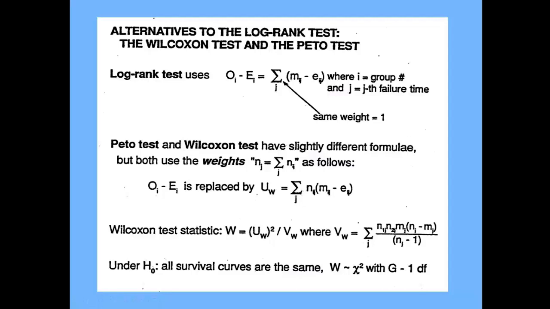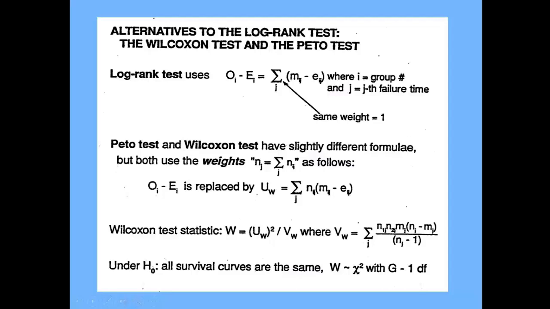If you're doing a survival study, what happens with the risk set? It starts large and it gets smaller, right? So early on, the number in the risk set is larger than it is later on. So if you're going to compute a test statistic where you emphasize the number in the risk set and the difference between observed minus expected, then you're giving more weight to the earlier part of the curve. That's what this does, sort of, for what it's worth.